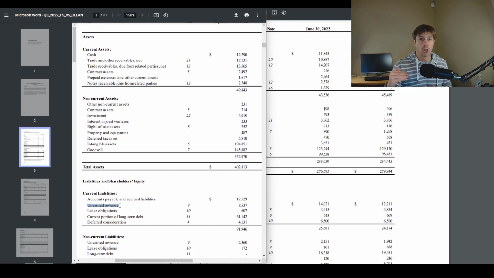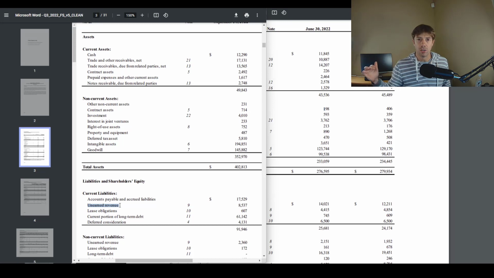as I earn it. So let's say you pay me $1,200 at the beginning. In January, I can recognize 100 of it under revenue, and then the rest of it goes on the balance sheet under the liabilities section as unearned revenue. So I would recognize $100 the first month, and then my unearned revenue would be the difference.